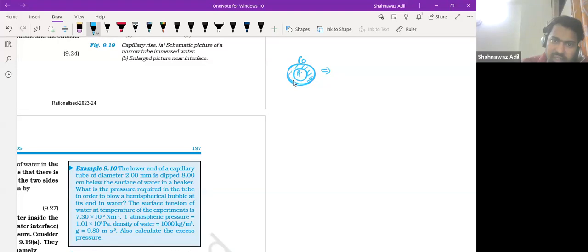This has two layers, so the excess pressure of a bubble is 4S by r, right? But this bubble is what we are doing.